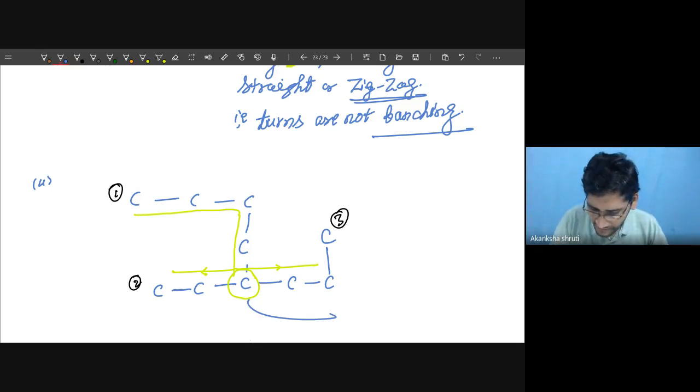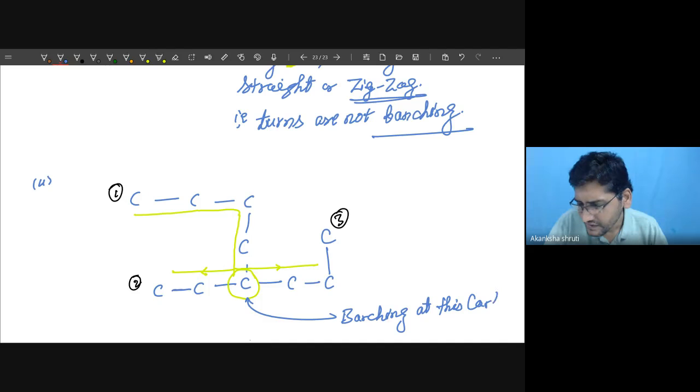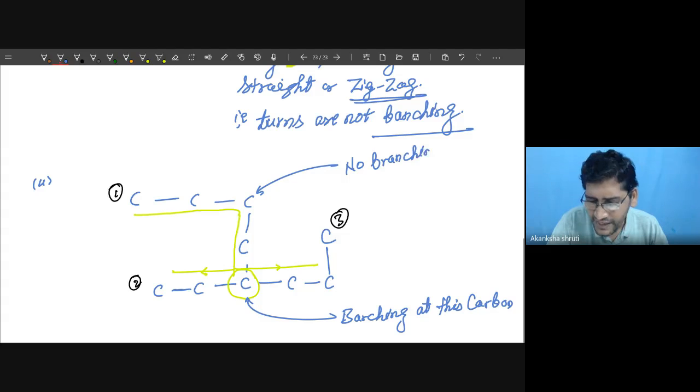So here branching occurs at this carbon, right? For this, no branching. Are you getting? Branching does not mean the turn.